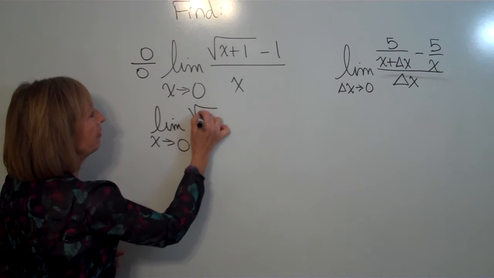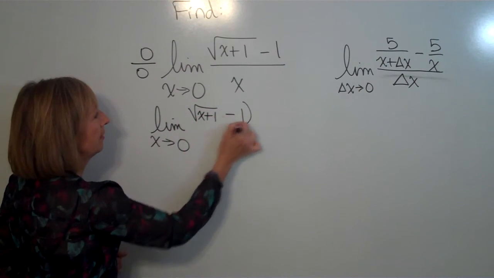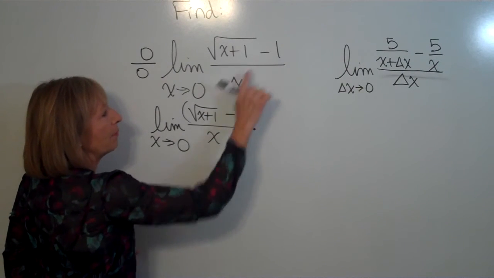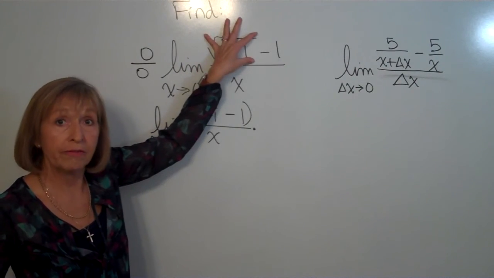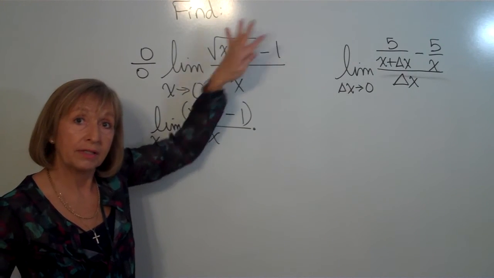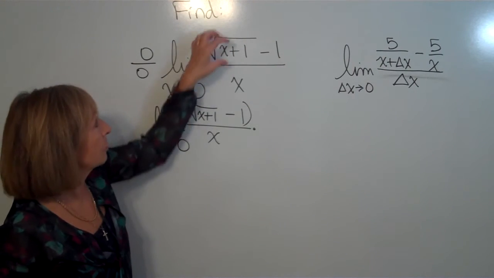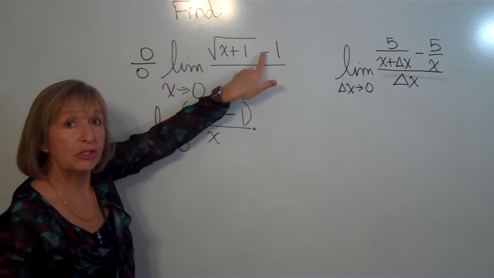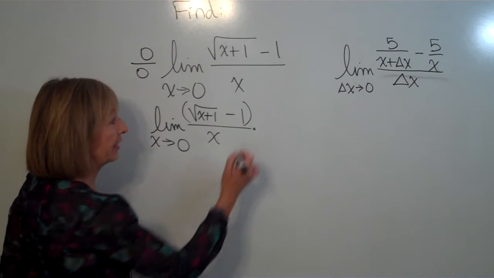So I have my square root of x plus 1 minus 1 over my x, and I want to build top and bottom by the conjugate of the square root of x plus 1 minus 1. And the conjugate of it is the square root of x plus 1 plus 1. So you keep your terms and just change the sign in between for the conjugate.